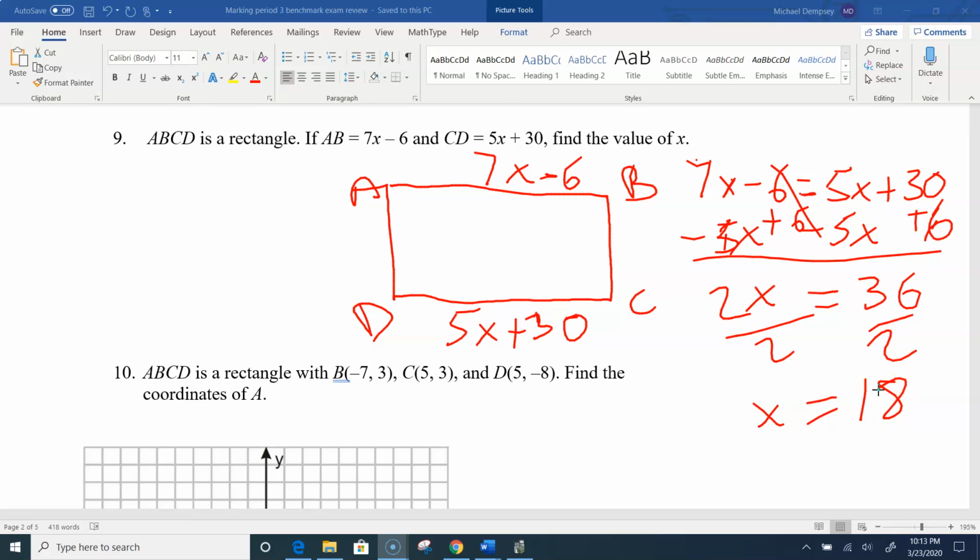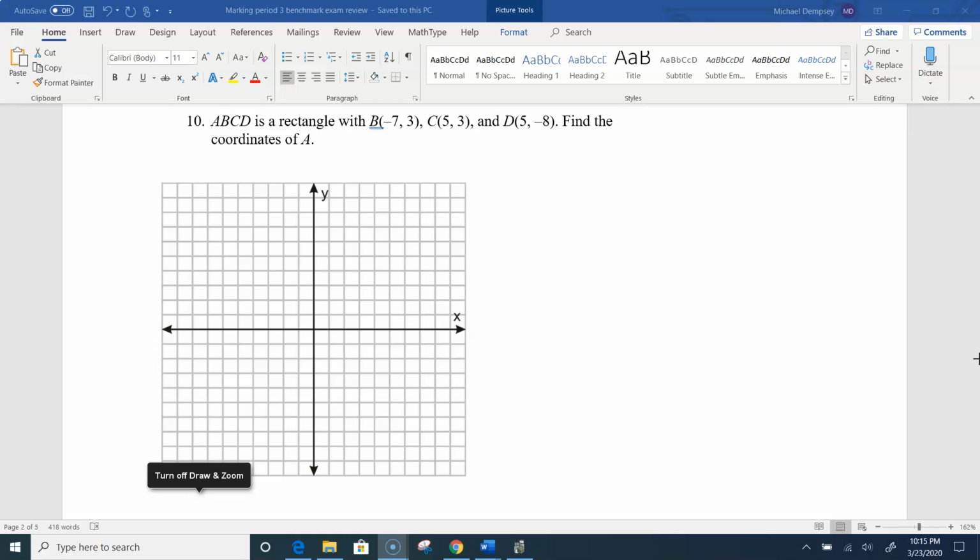Okay, and our third question here is a lot like the first one. They're giving me points B, C, and D, and they want to know what the coordinates of A would have to be. So I'll try to plot these. B is at (-7, 3), so we go 1, 2, 3, 4, 5, 6, 7, and then I go up 3, so he's right there, and that's B. And then C is at 1, 2, 3, 4, 5, and 1, 2, 3.